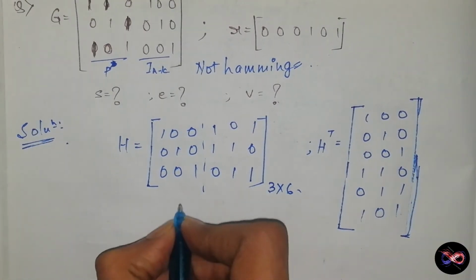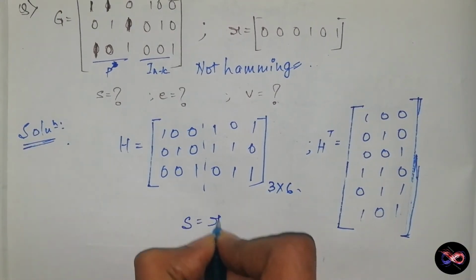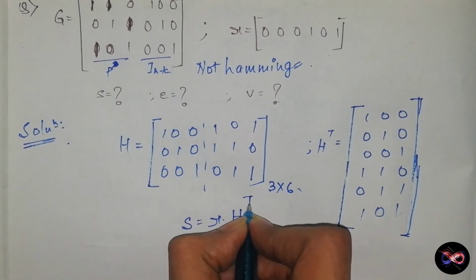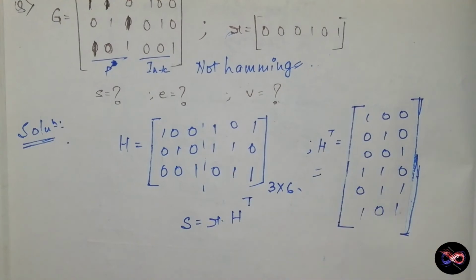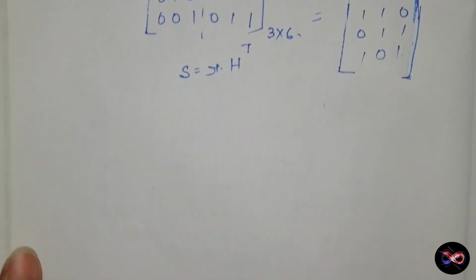Now we know how to calculate syndrome. We know the equation S is equal to R into H transpose. We have R, we have H transpose. So now we will solve it.